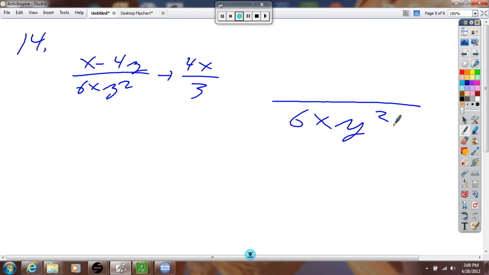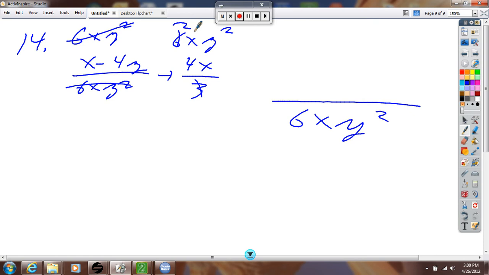Right? Okay? So, what am I going to do with this? Put it on top. What do I do next? Cancel. Everything cancels. Here, what cancels? 3 goes into 6 twice. Cancel. Now what? Multiply. Well, that canceled. All I have left is this, right?